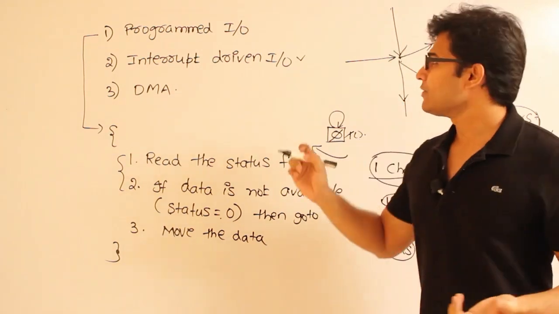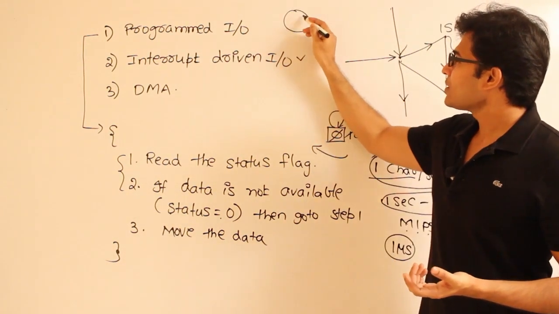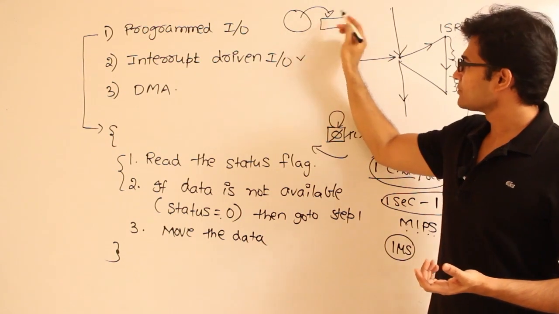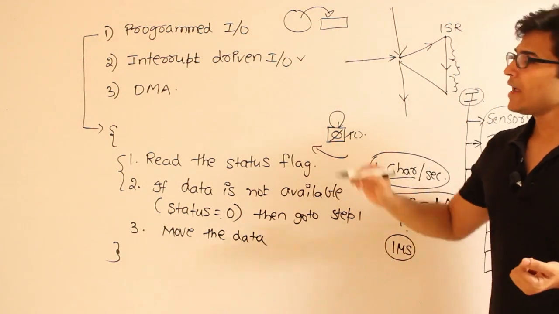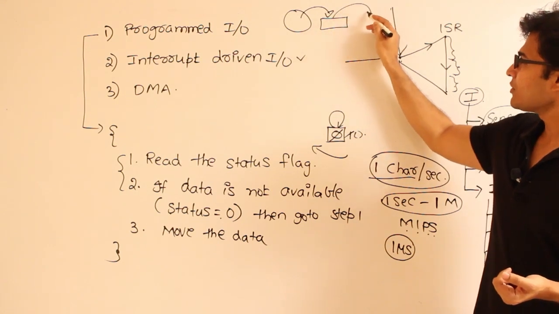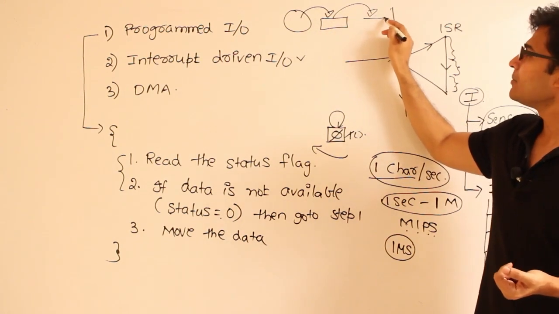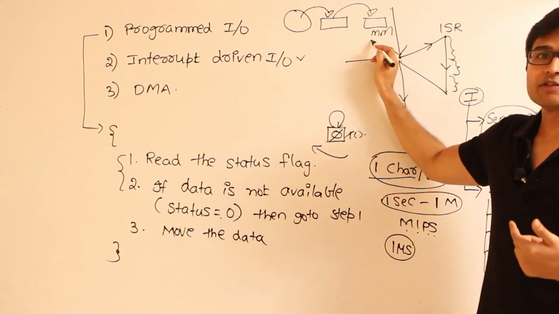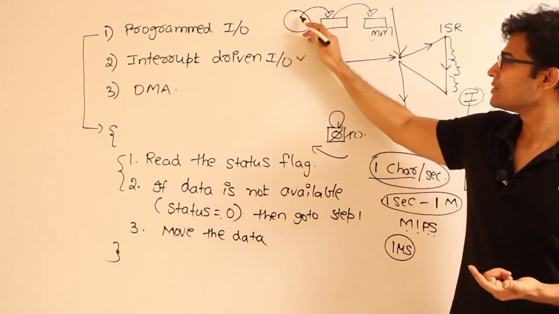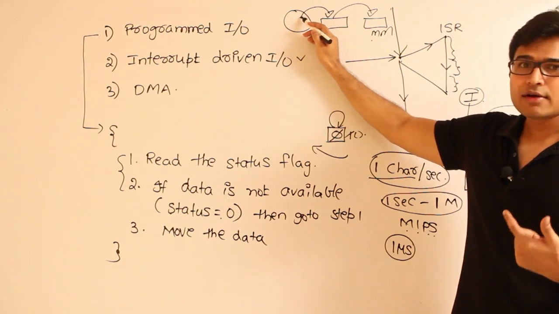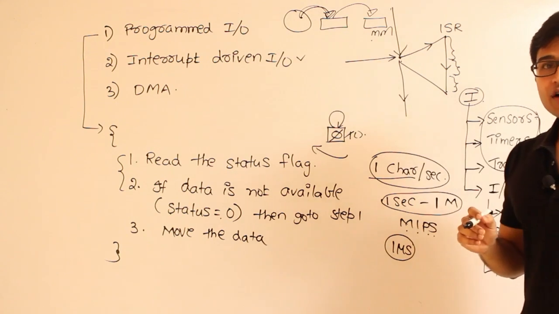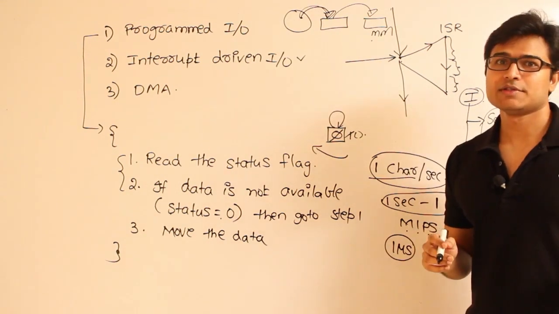Let us say from the hard disk it is transferring the data onto an IO controller or an IO interface, and from the IO interface you are supposed to transfer the data into the main memory through the CPU, right? Now if the CPU does not respond immediately, there is a chance that our hard disk might overwrite the existing data. Therefore, the faster devices have to be serviced first.